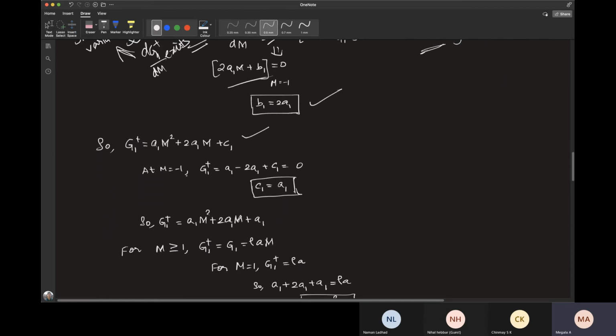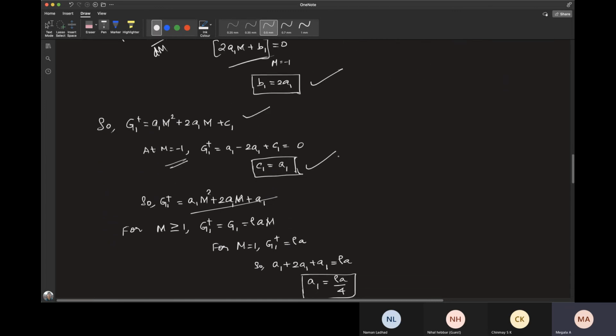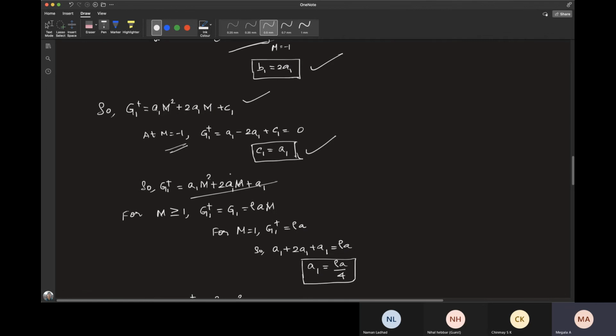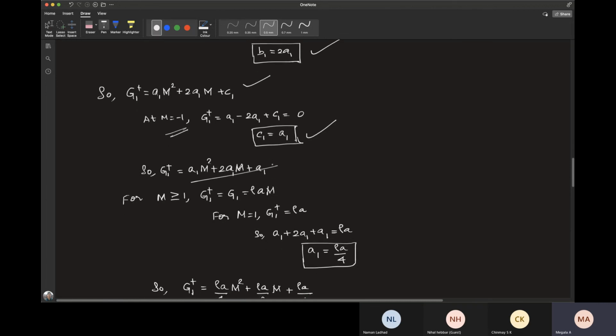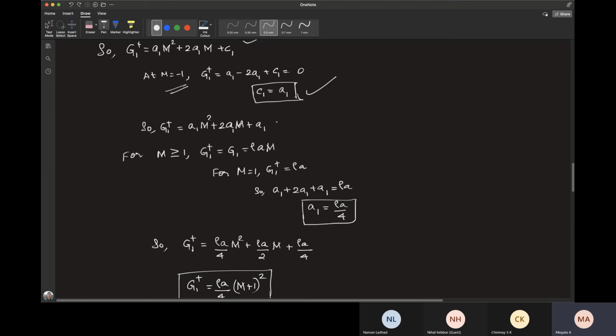You substitute the value for G1 plus at m equals -1, and you get a condition that C1 equals A1. So you get such a G1. You have obtained a relation between all three quantities. So all three variables A1, B1 and C1 can be written in terms of A1 itself now. So G1 plus is this expression. Now the only thing is you need to evaluate A1.